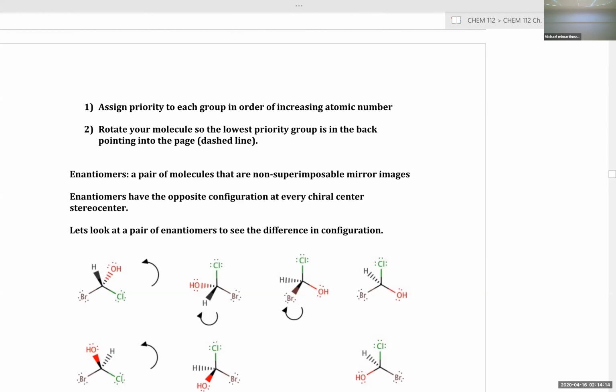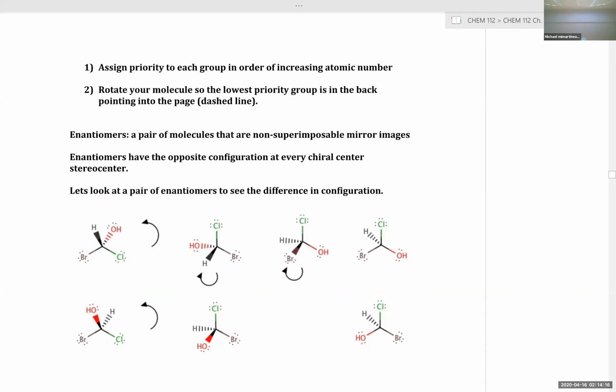Step 1, we focused on it a lot: we assign priority to each group in order of increasing atomic number. Now, the next step is you're going to rotate your molecule so the lowest priority group is in the back, pointing into the page. And for this, I'm going to have to make a model to really help drive home this point.